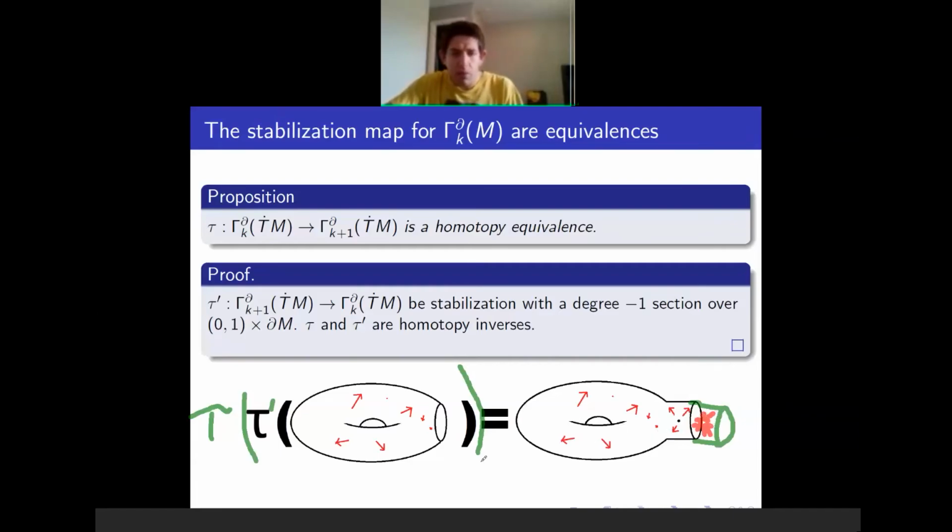And then what you need to know is that there's a path from this degree -1 section concatenated with a degree 1 section, to a degree 0 section, in the space of sections. So you need to know that the degree 0 component of the section space is connected.